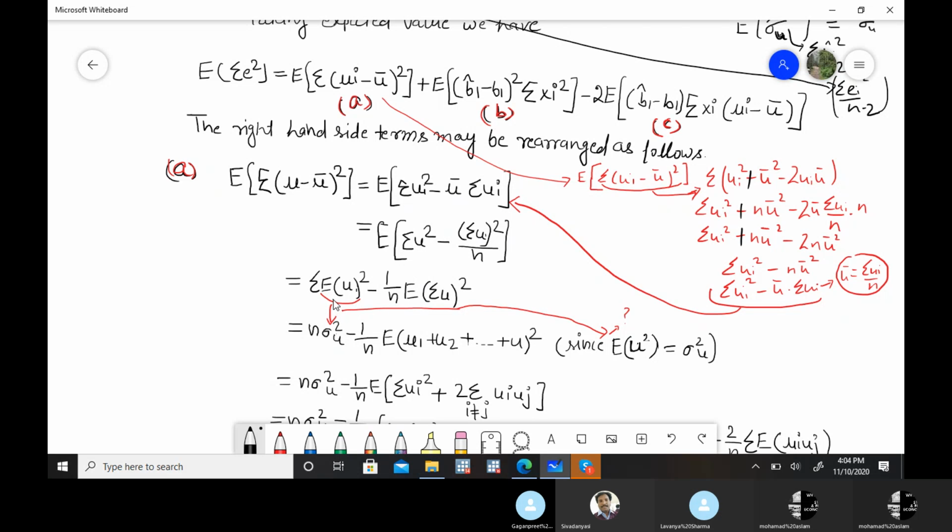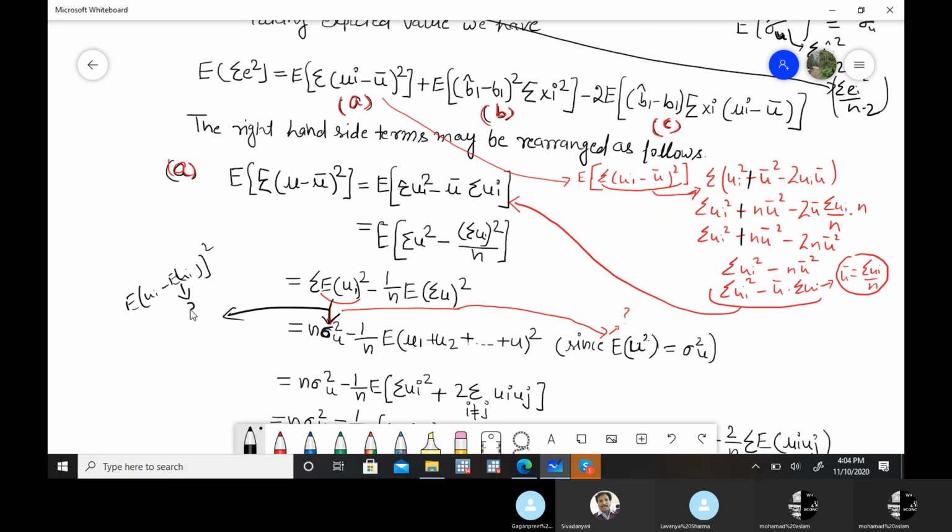Now this term we are always using is equal to this term, right? This is now in the form of population. This is equivalent to the variance of the population. This is equal to, this variance formula is expected ui minus expected ui, square, right?